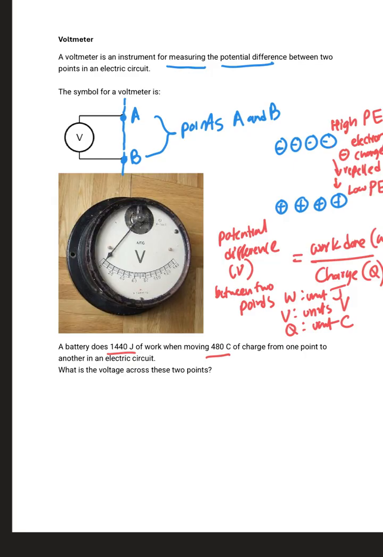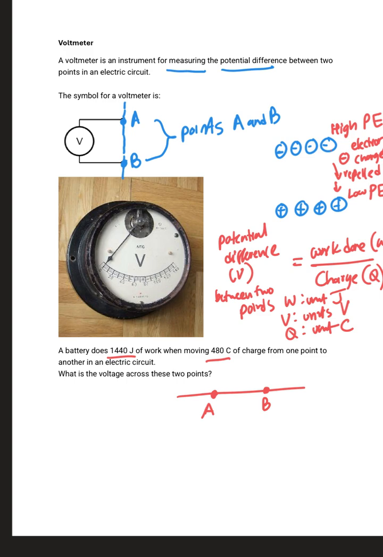So we can draw a wire where we have point A and point B. The battery does a work of 1440 joules to move a charge from one point to the next, and the charge that was moved is 480 coulombs.